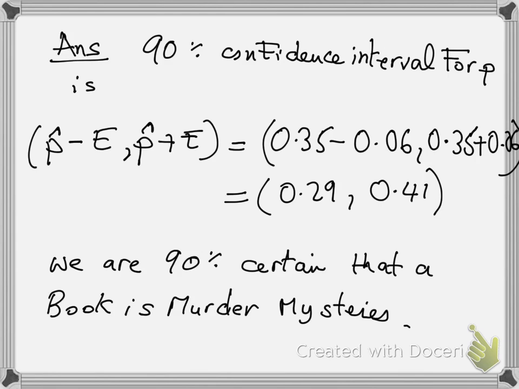So that's how we get this confidence interval, or estimation, for the probability of success p in a binomial distribution.